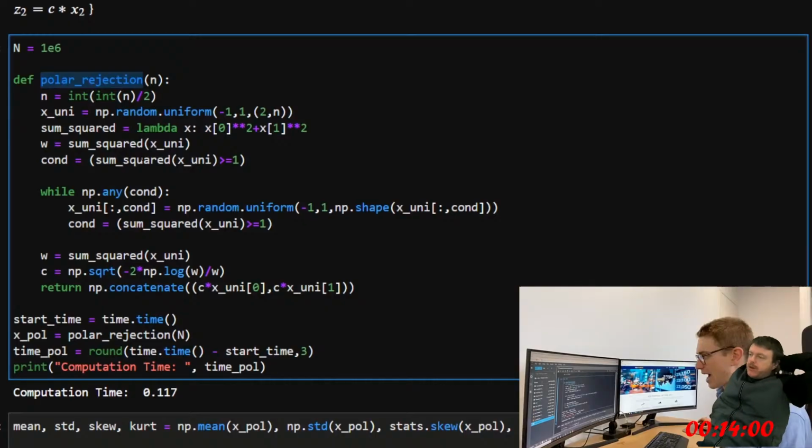You're getting the length of something like a unit circle. So it's like they're going from sine, cosine, using the e to the x trick, taking the logarithm, which is what? It's a derivative, right? Negative 2 times log w over w. Sum squared.